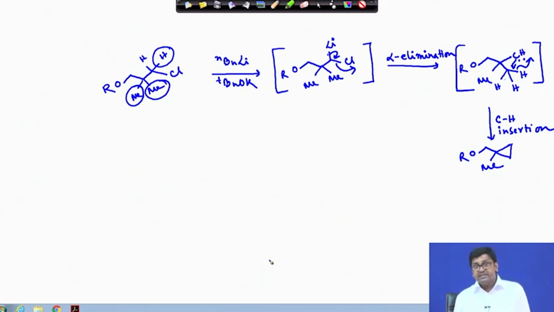In this type of CH insertion reaction, it has been found that the carbene species is so eager to get electrons that it will even react with the solvent.